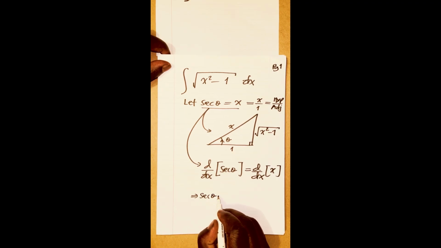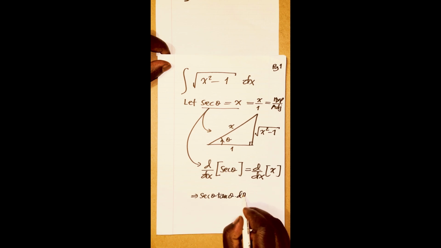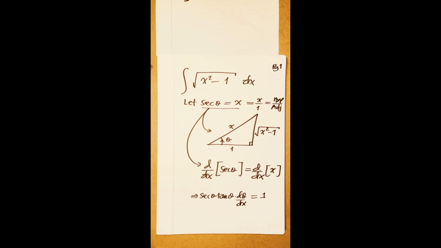So sec theta times tan theta, and then d theta dx. On the right hand side, the derivative of x with respect to x is just 1. Multiply by dx both sides, we get the expression for dx as follows. So sec theta tan theta d theta will be equal to dx.